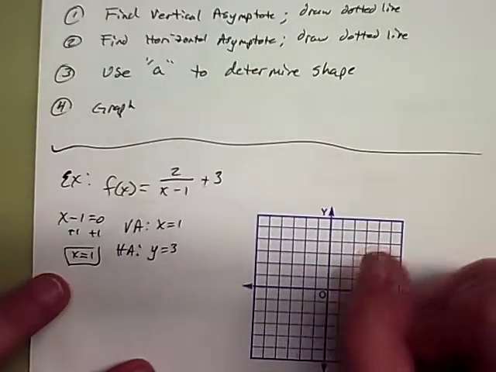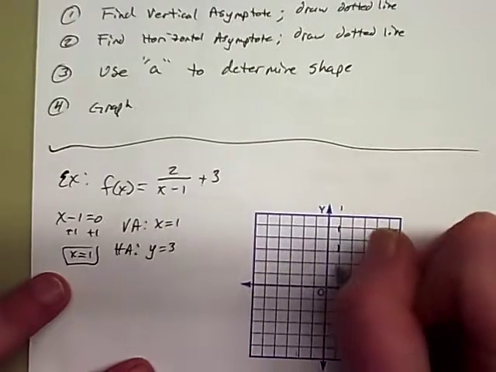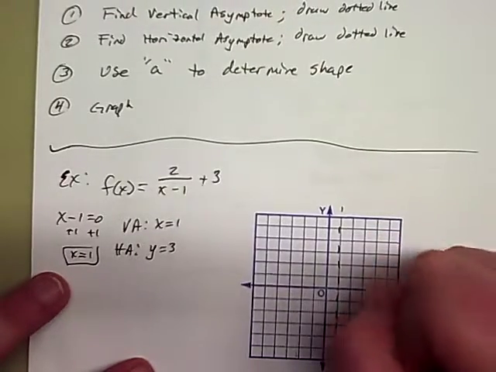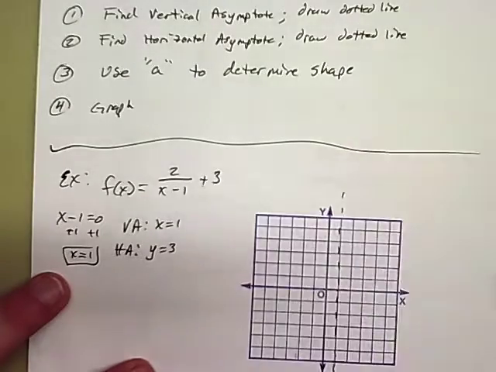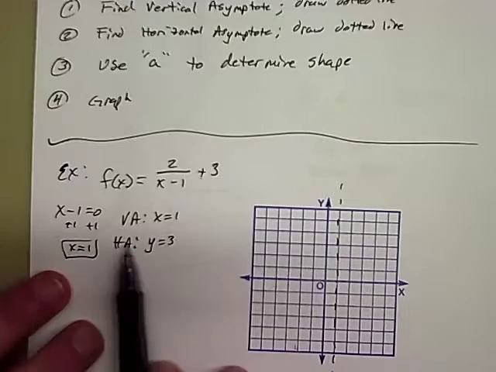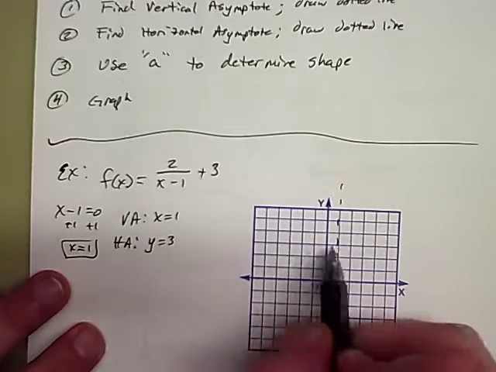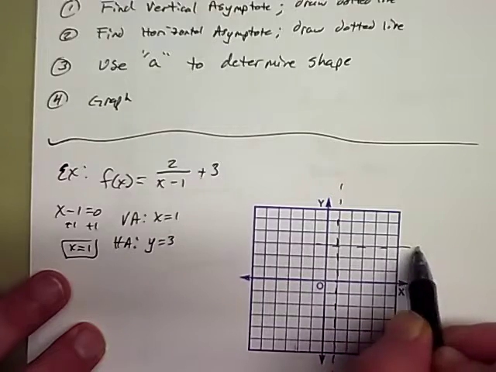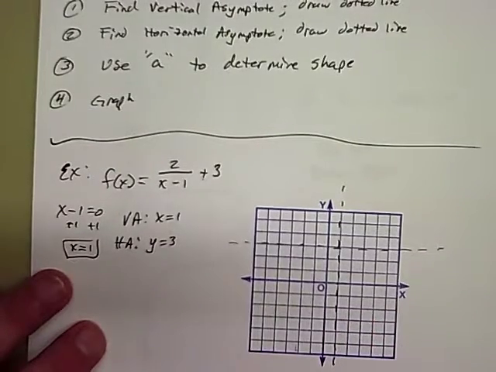Well, here's x equals 1, and this one's vertical, so I get a vertical dotted line at x equals 1. And horizontal left and right at y equals 3. 1, 2, 3. So I get a horizontal line there.